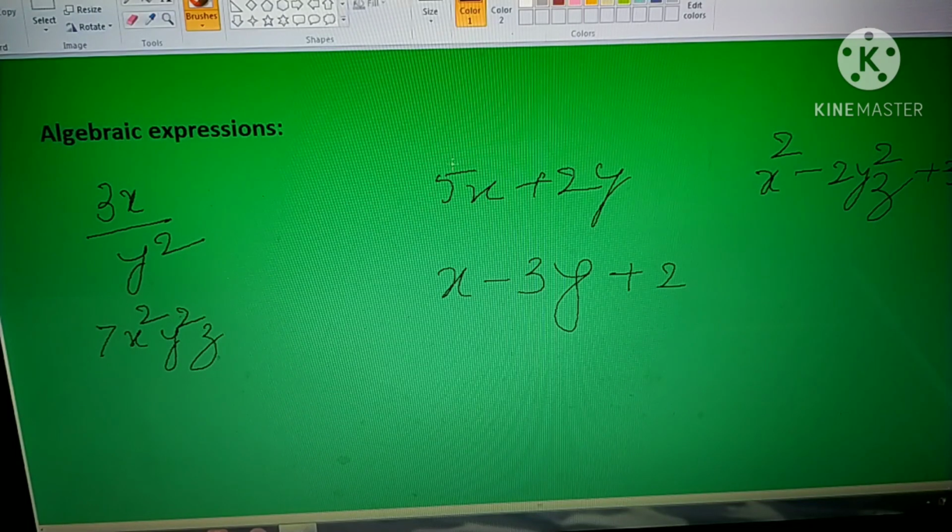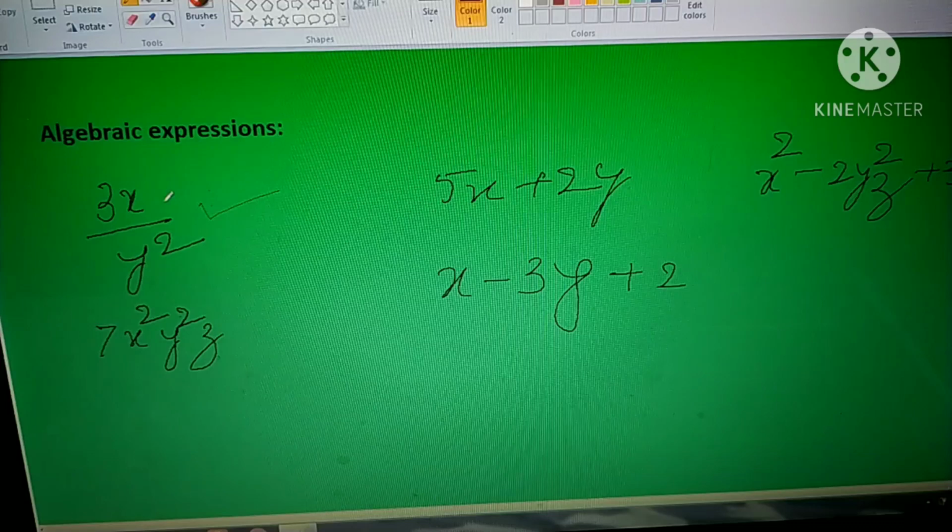See here, these are some algebraic expressions: 3x by y square, and then 7x square y square z. Now observe this one, 3x by y square.